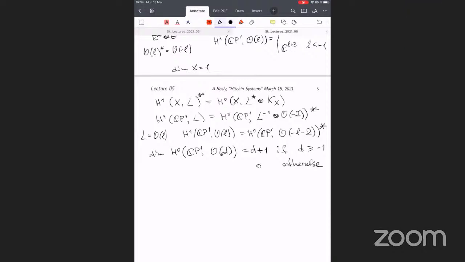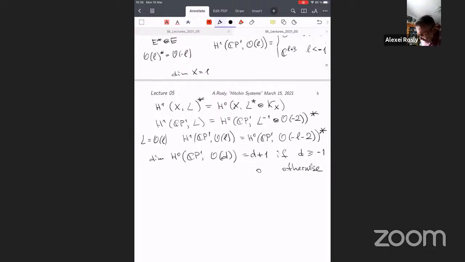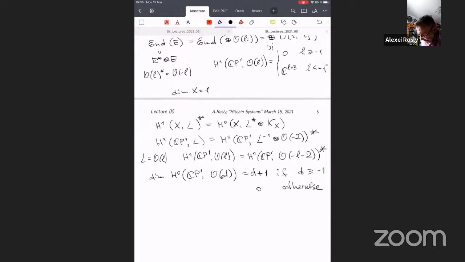And so shouldn't it then be minus L minus 1 instead of L plus 3 in the formula we have? Let us check. When we pass to this line, here we have minus L minus 2 plus 1.